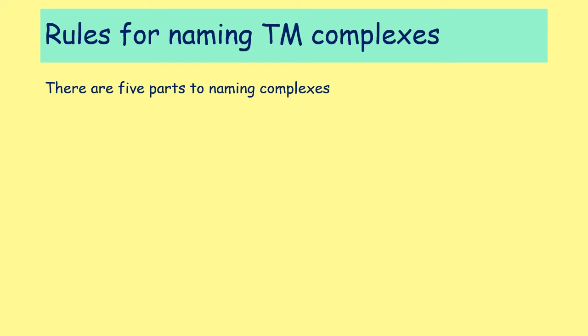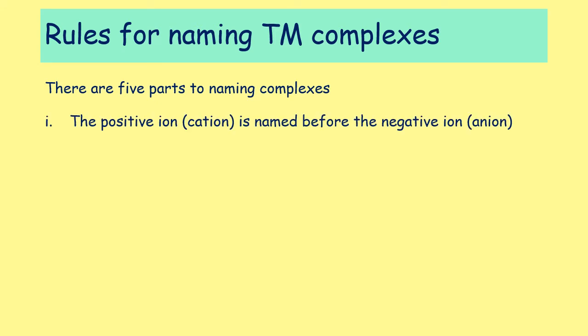So now we're going to get into how to name a transition metal complex, and there are lots of rules and it does take time. However, it is logical once you have learnt the rules. So there are 5 parts. The first rule only applies if the transition metal complex is part of a compound.